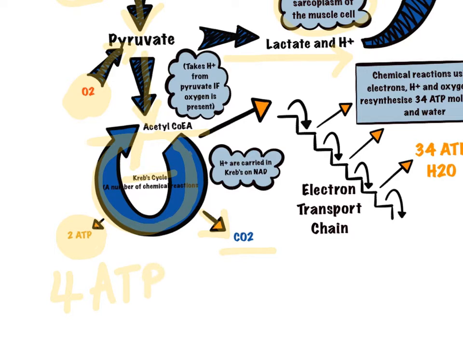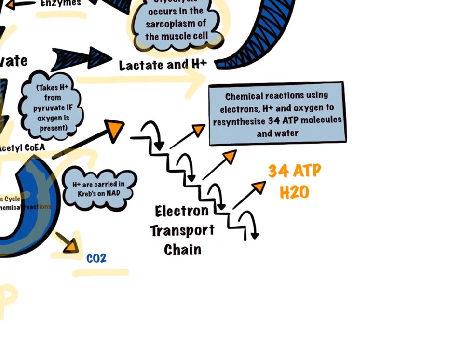Now, what happens in this cycle is we've got hydrogen being kicked out all of the time when it goes round the Krebs cycle. So hydrogen is passed through to the electron transport chain with something called electrons. These are chemicals, they're molecules again, and again, we don't need to know the ins and outs.